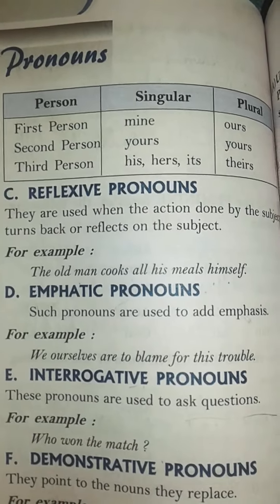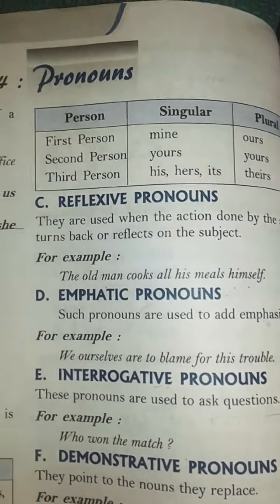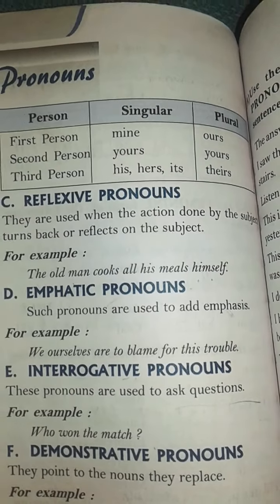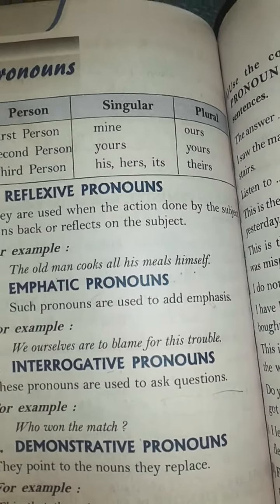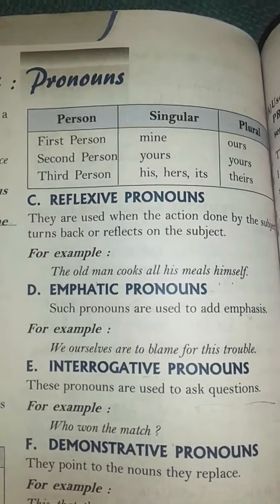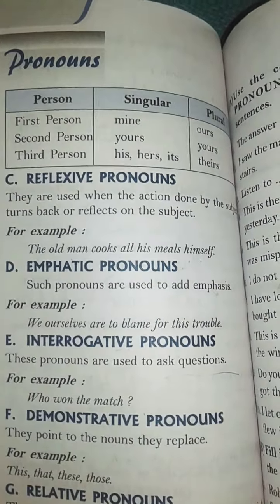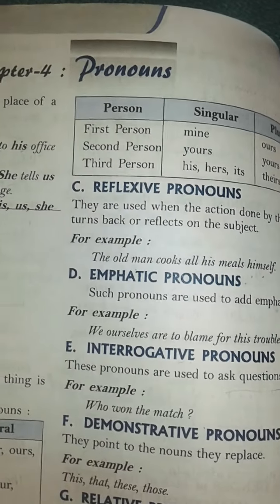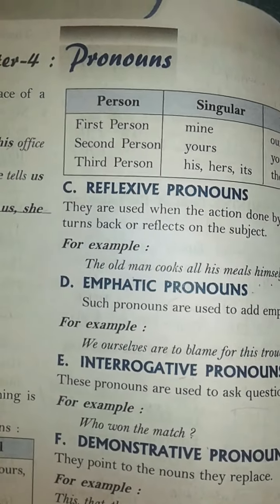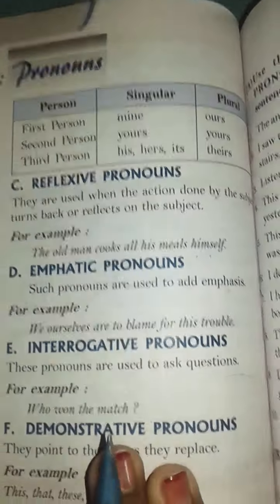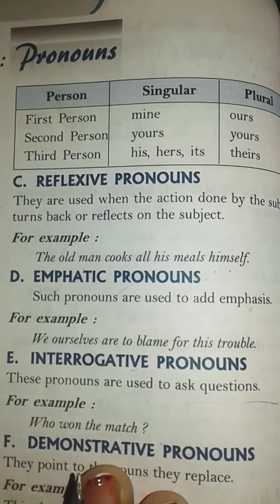By reading this example we can understand it properly. The old man cooks all his meals himself. The old man cooks food for himself, and by himself. It means the action turns back to the subject.